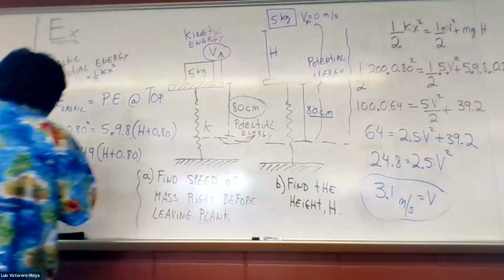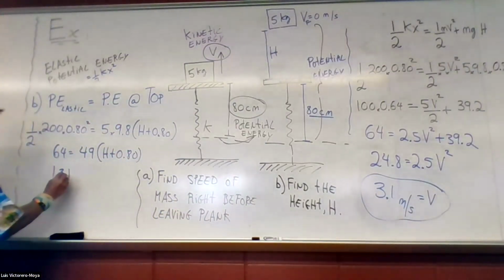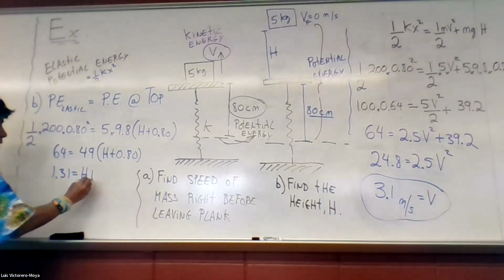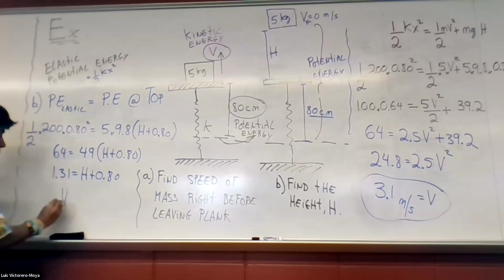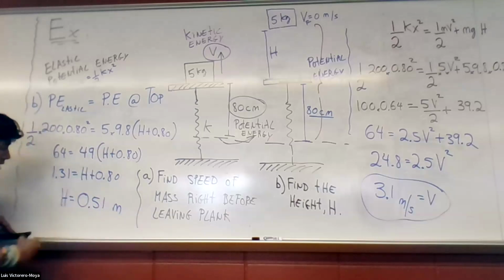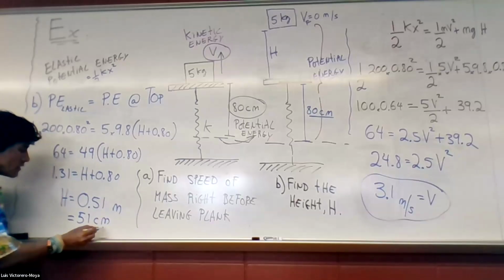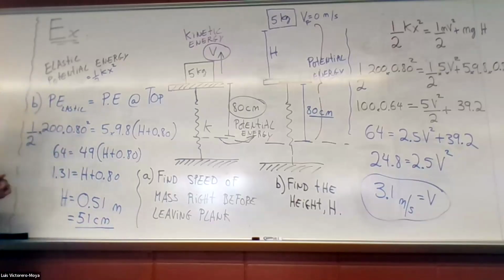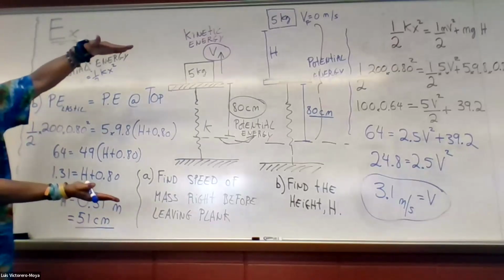That's 1.31. 1.31 is h plus 0.80. Subtract 0.80 is 0.51 meters. In centimeters, that will be 51 centimeters. So half a ruler. The ruler used in class, half of that, like this.